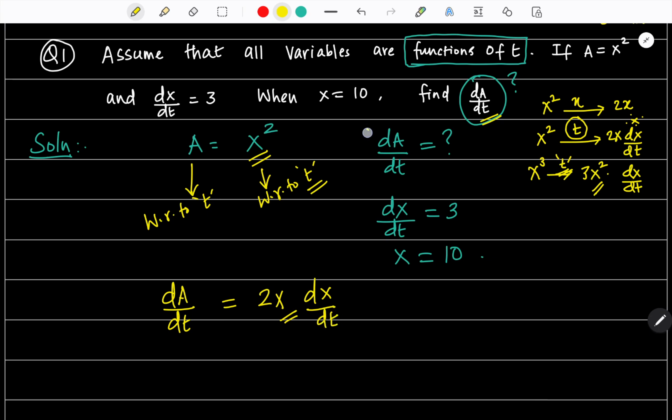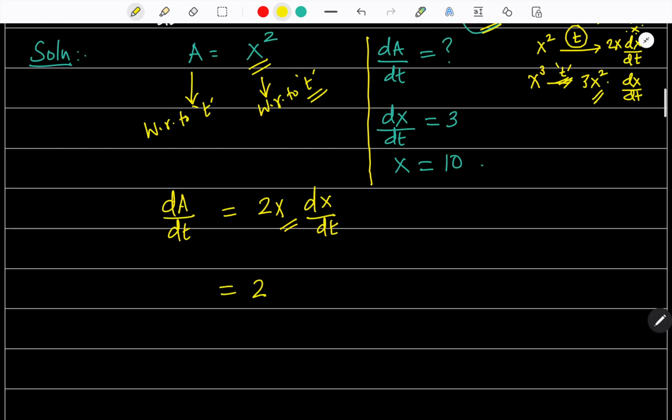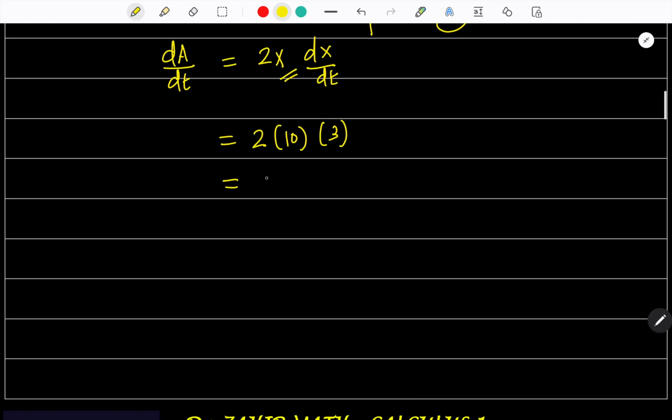Clear? Very easy. The logic is very, very important. So this equals 2 times your x, which is 10, and your dx by dt, which is 3. 2 times 10, no need for a calculator, is 20. 20 times 3 is equal to 60, which is your dA divided by dt.